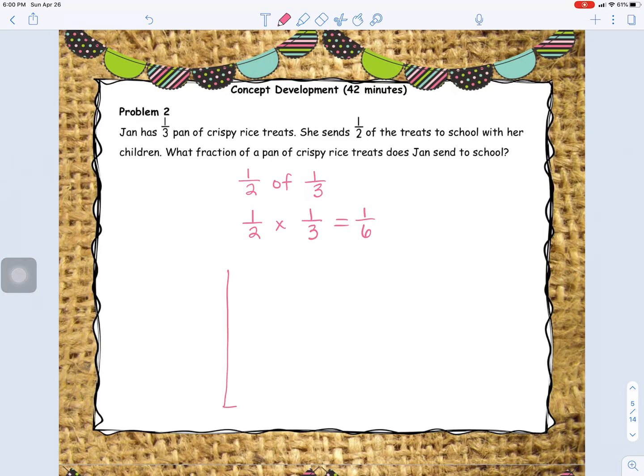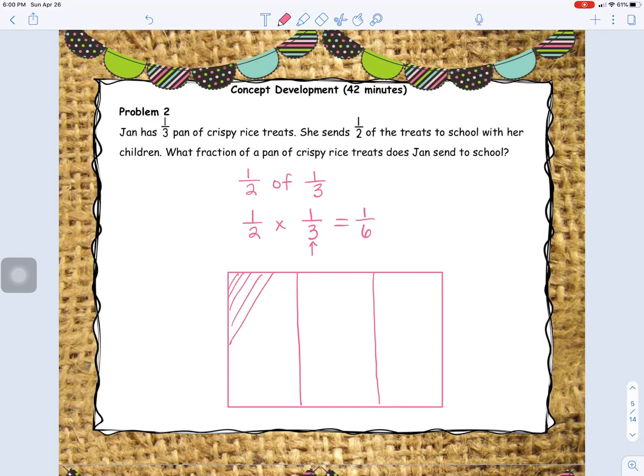But the lesson today is, why does that work? So the first thing we're going to do, and I want you to remember this carefully, you have to draw the second fraction first. So we're going to divide it into thirds for 1/3 pan. So I'm showing 1/3, and I'm going to divide the 1/3 in half, and then I'll shade the other direction.